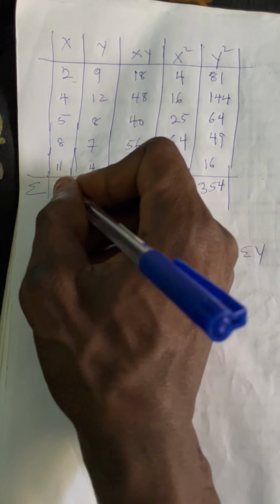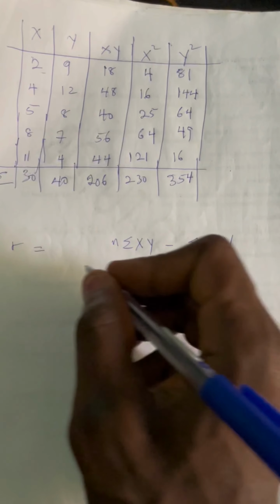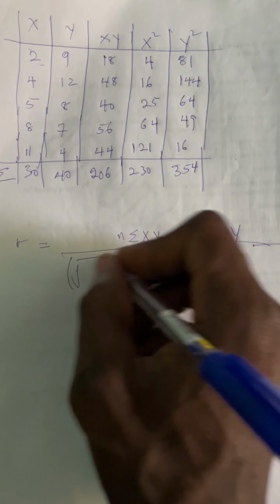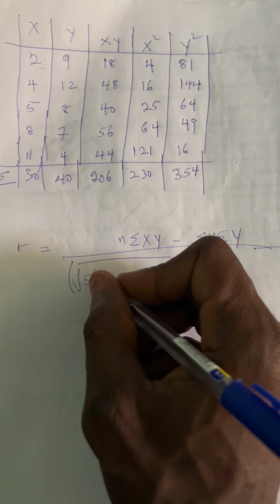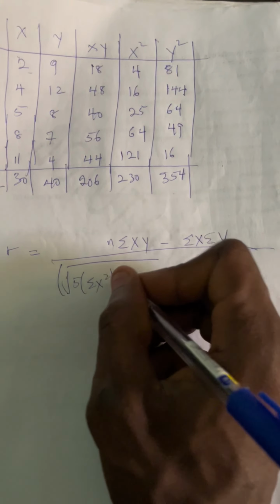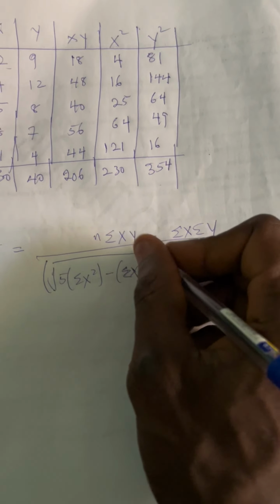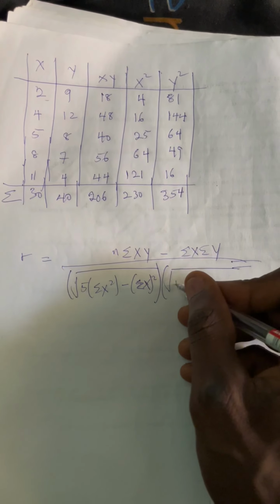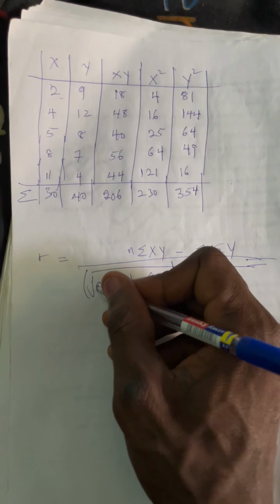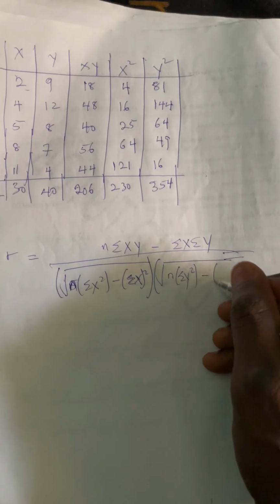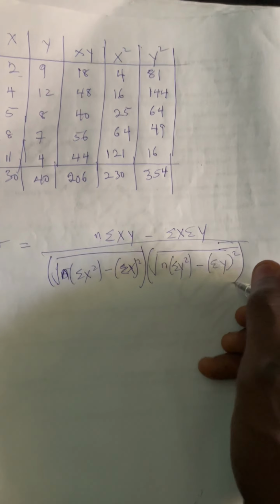Summation x here should give us 30. This should give us 40. Then all over, we have into brackets root of n summation x square minus into bracket summation x all square, the root of n summation y square minus summation y all square.